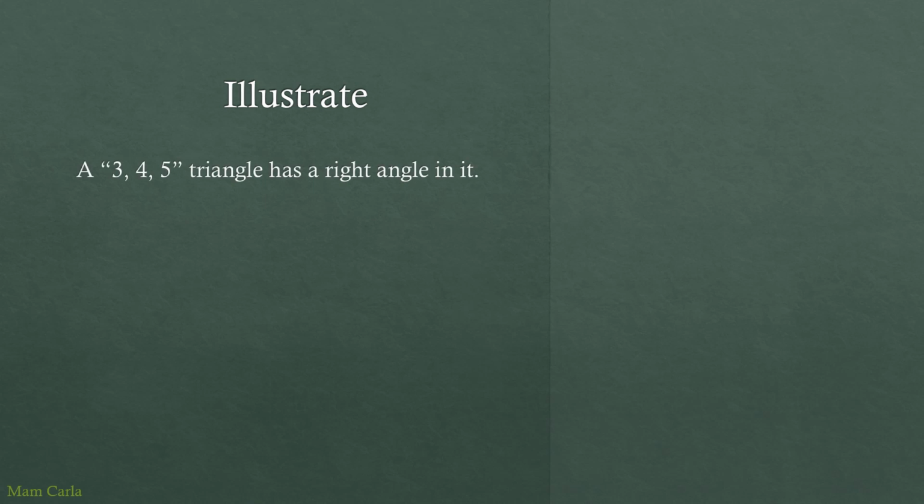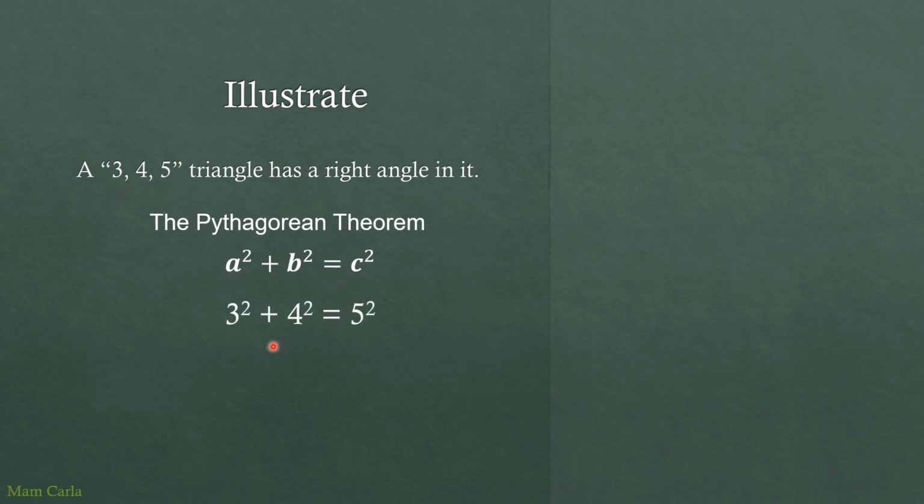Let me illustrate how the Pythagorean theorem works. A 3, 4, 5 triangle has a right angle in it. So using the Pythagorean theorem, we have 3, 4, 5 for A, B, and C respectively. Substituting the values in the formula, we have 3 squared plus 4 squared equals 5 squared.